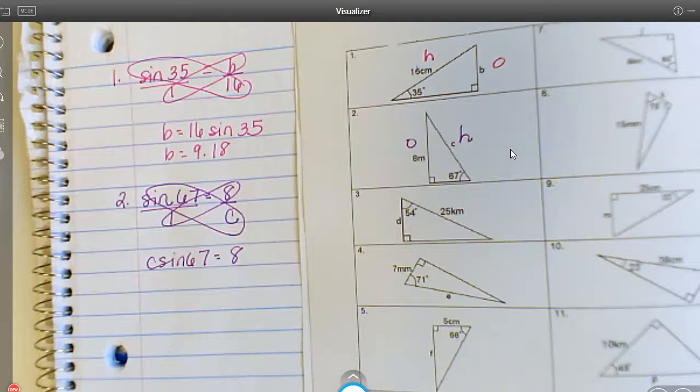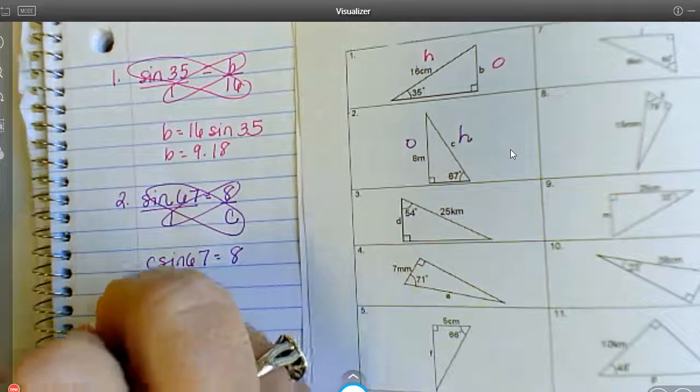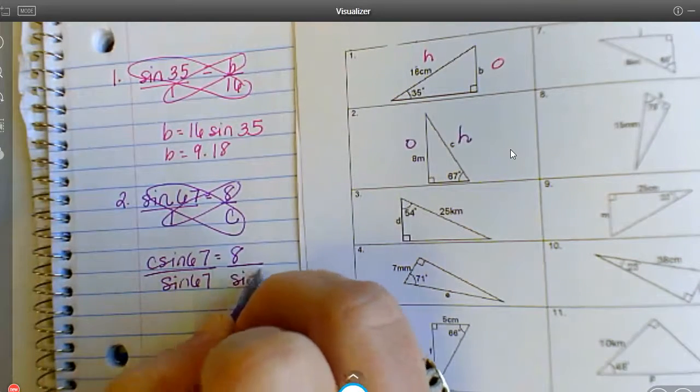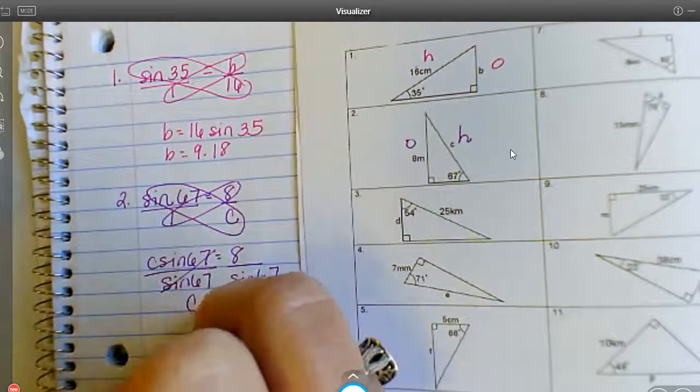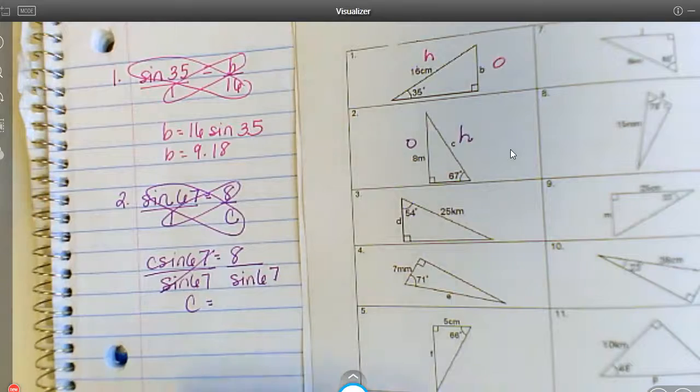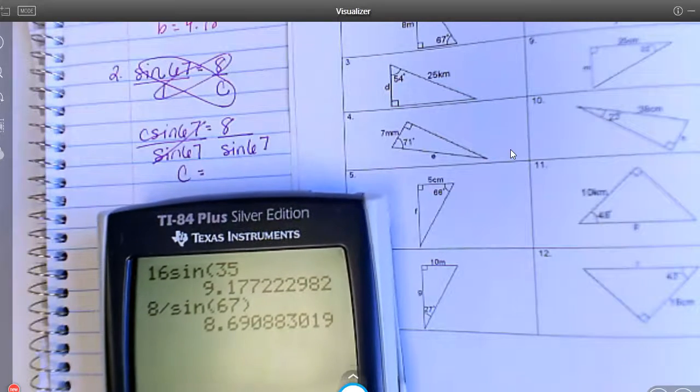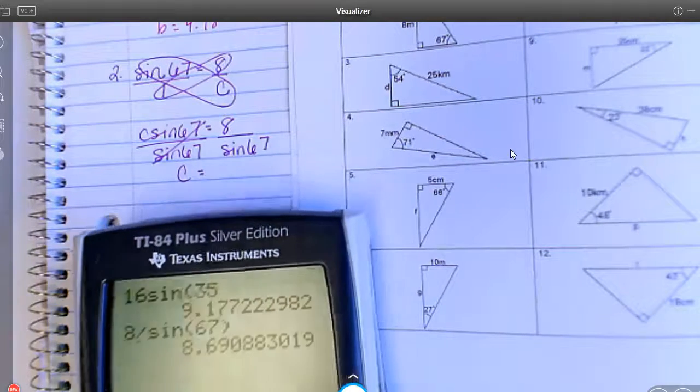So on this one we divide to get C by itself. You're going to divide by the sine of 67. And still you can put it in the calculator or in Desmos the same way. 8 divided by sine 67. And you get 8.7 or 8.69.